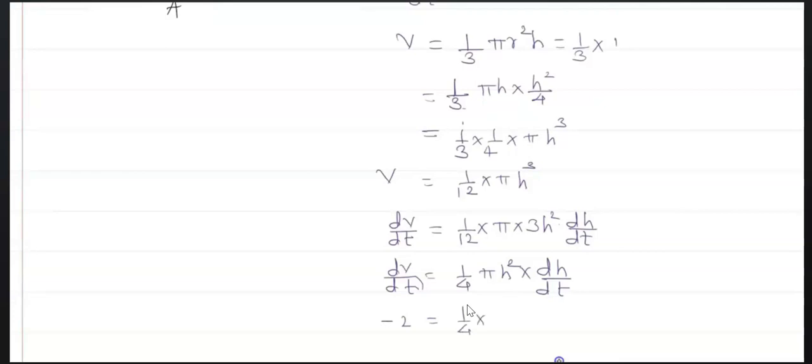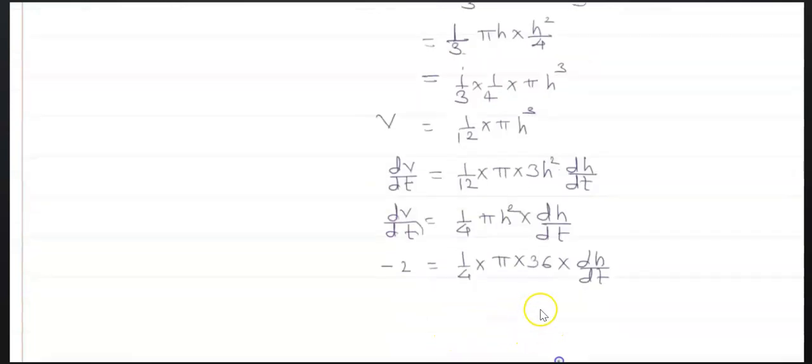We treated it here as 2 because we want to find out only its rate. Yes. It's treated as only the 2. That is 1 by 4 into pi 36 into dh upon dt.